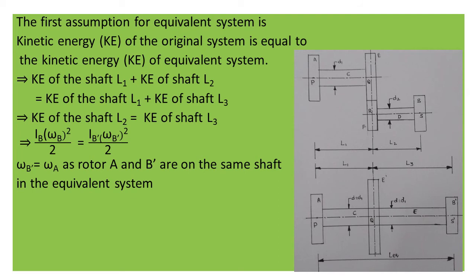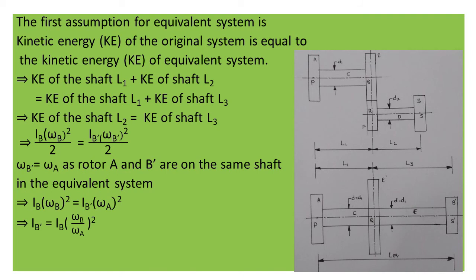Omega B dash equals omega A, as rotor A and B dash are on the same shaft in the equivalent system. It implies IB omega B square equals IB dash omega A square.